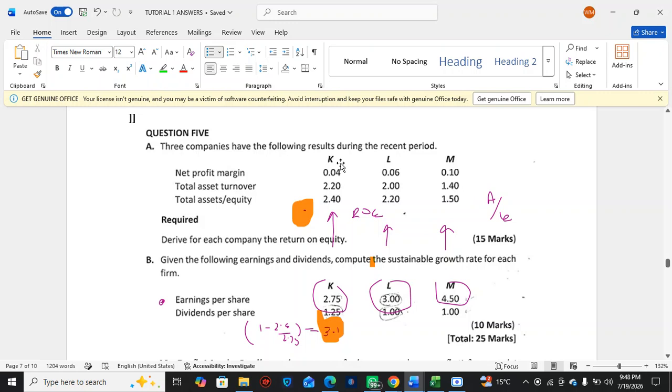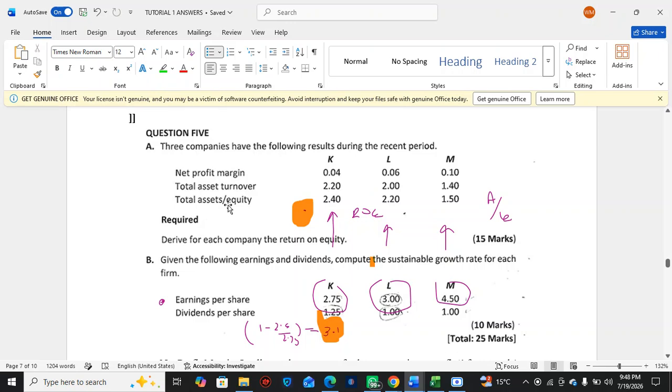So company K's assets are generating more sales than these other companies, because for every one kwacha invested in their assets, they're getting 2 kwacha 20 ngwe in sales. So even for this ratio, a higher number is better. It means your assets are generating you more sales. Okay, so company K is doing better here.